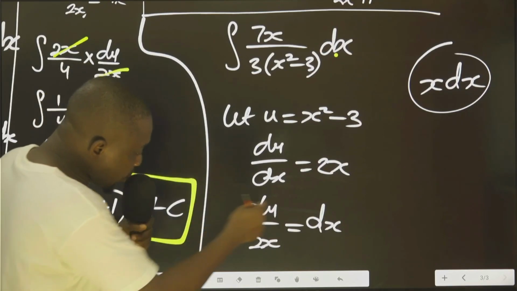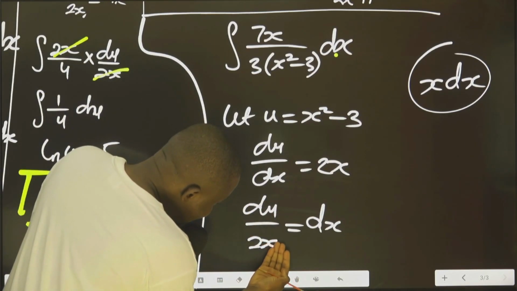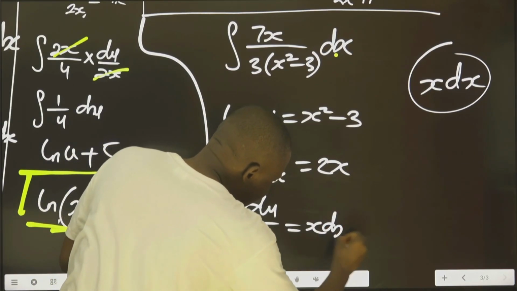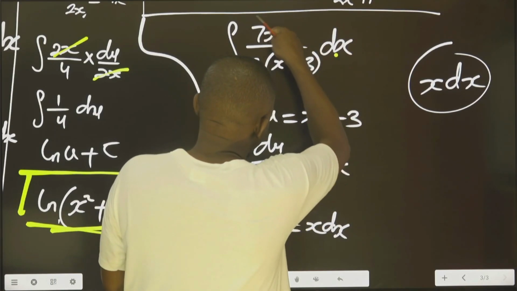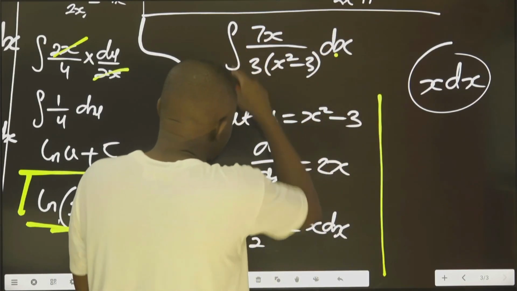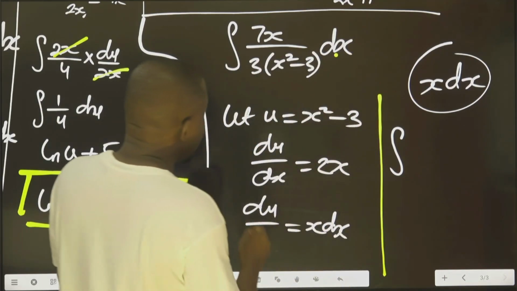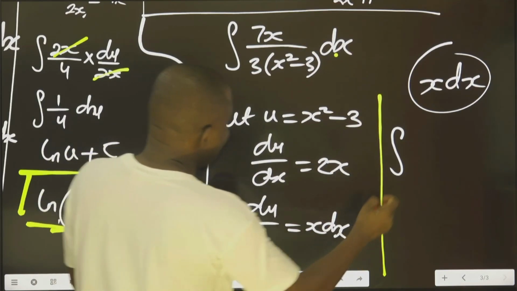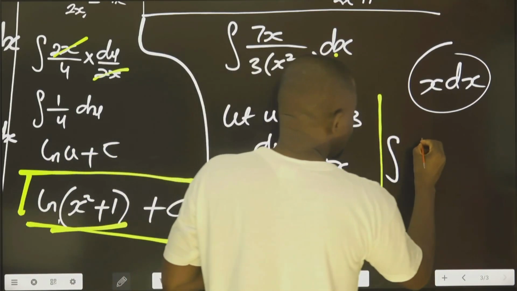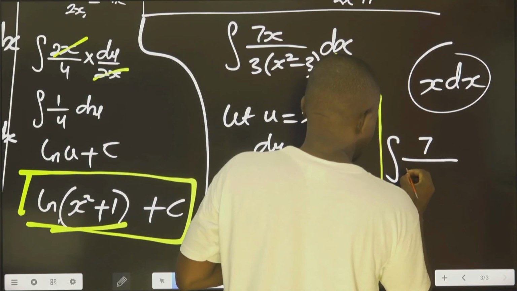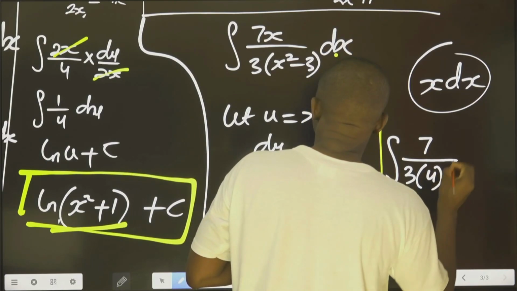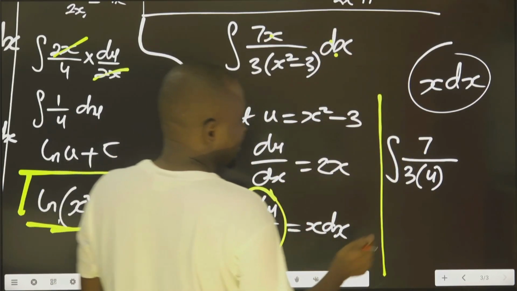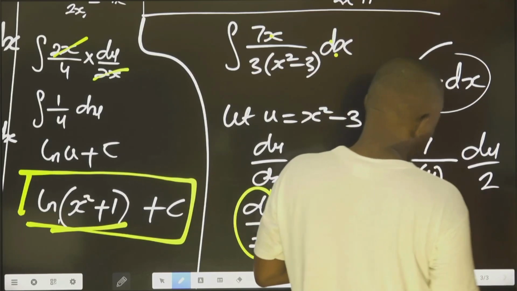So to do that, we have to remove this x from here and put it here, x dx. Now we have something for these guys. So in place of these, we are going to say 7 over 3, this is u, and in place of these guys, we have du over 2.